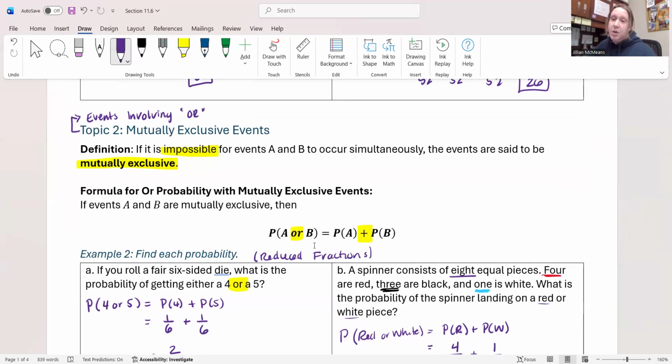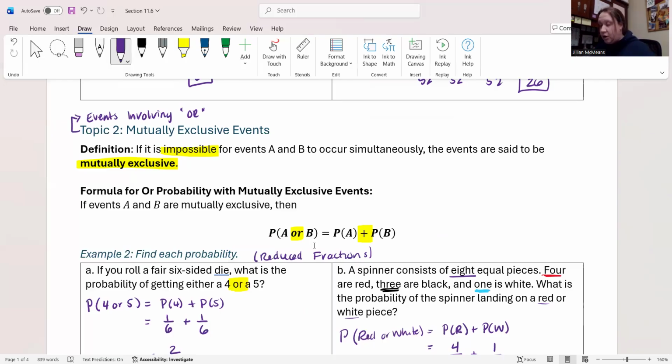Then you can have the situation where events could occur at the same time. In that case, you add the individual probabilities, but you must subtract off the overlap because you can't have something that's counted in two groups. It can be counted in one or the other, but not both. So if something could occur in both groups, you add the two probabilities and then subtract off that overlap, and that takes care of everything.